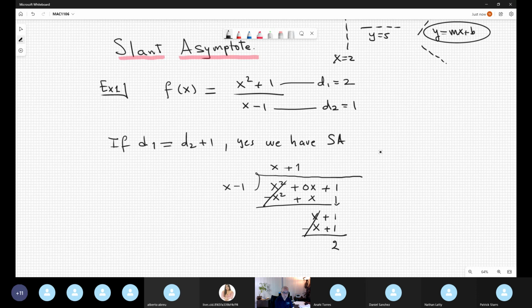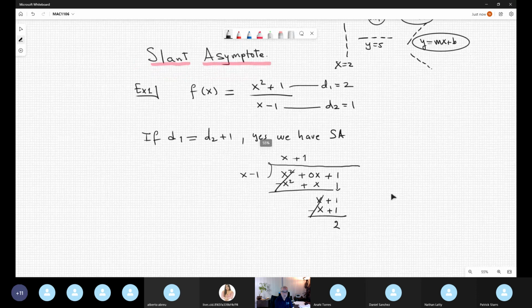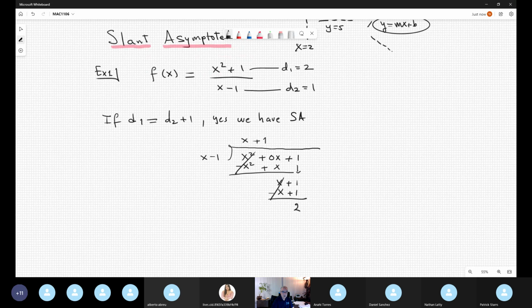Okay, perfect. So clear. This expression at the beginning was x squared plus 1 divided by x minus 1. I can modify it using long division. And the quotient is this expression, I copy it first, plus the remainder, which is 2, over the divisor, which I copy here, x minus 1.